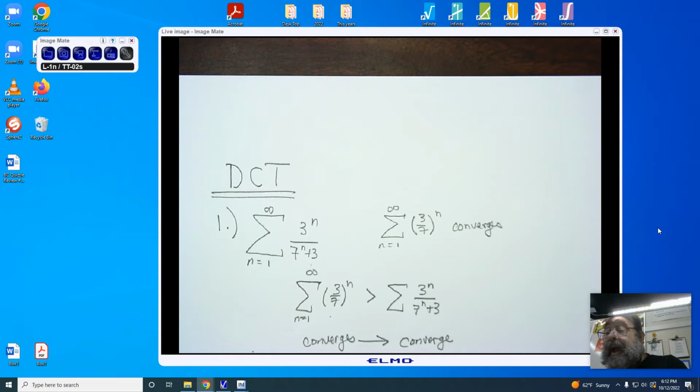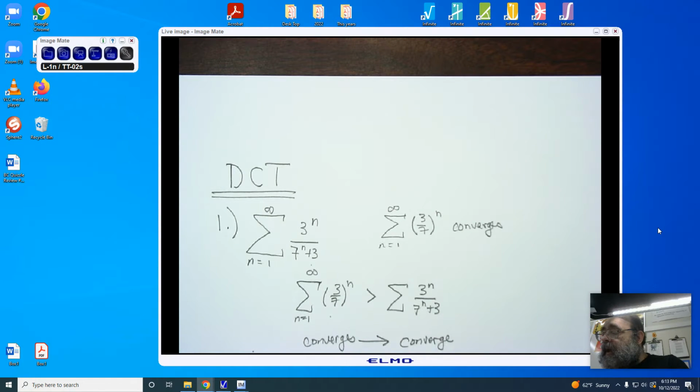And the series n equals 1 to infinity of 3 over 7 to the nth is a converging geometric series where r absolute value is less than 1.